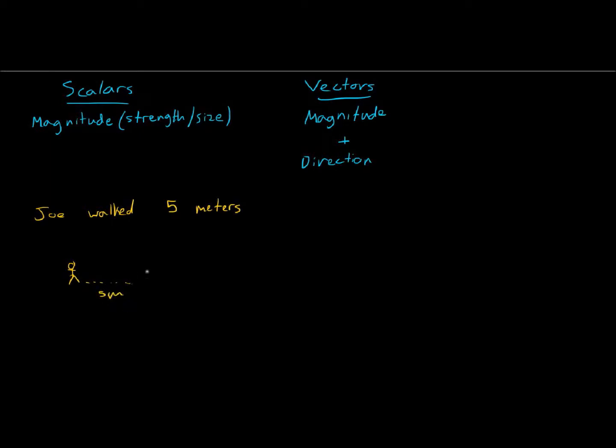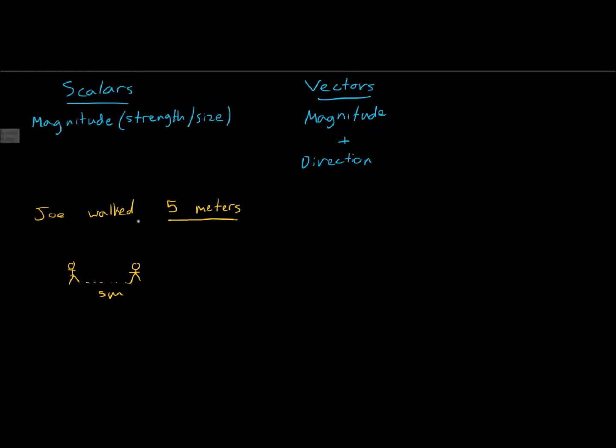I'm going to use M to abbreviate meters. Now he's here. So what happened? Well, Joe walked 5 meters, and this 5 meters is a magnitude. This is a size. But we don't know if he walked 5 meters east, or north, or south, or northeast. We don't know what direction he walked. So in this sentence, 5 meters is just a magnitude.